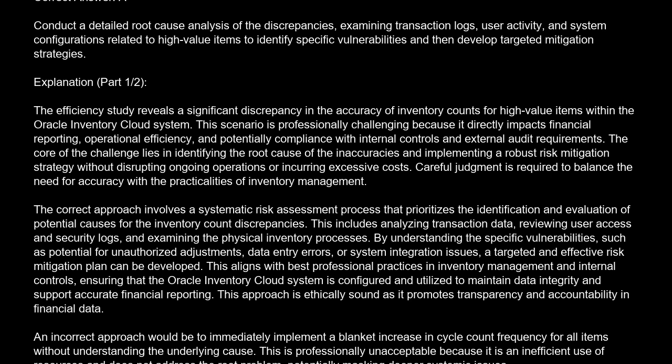This aligns with best professional practices in inventory management and internal controls, ensuring that the Oracle Inventory Cloud system is configured and utilized to maintain data integrity and support accurate financial reporting. This approach is ethically sound as it promotes transparency and accountability in financial data.